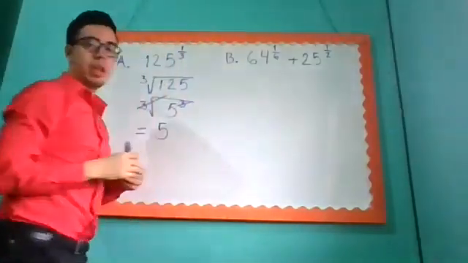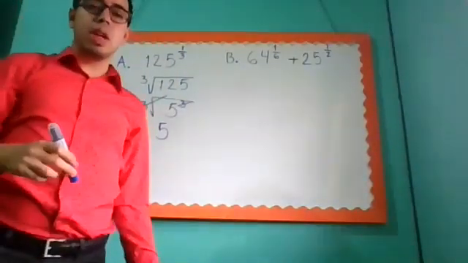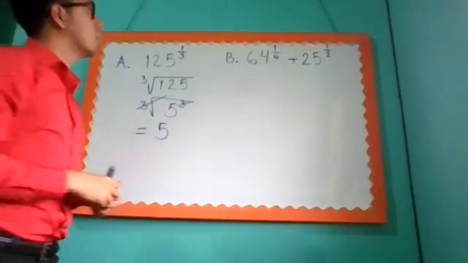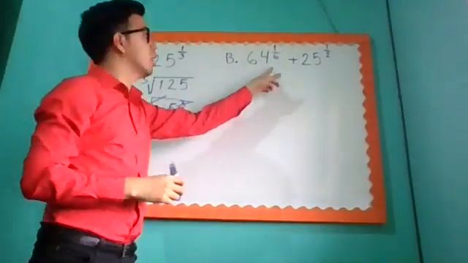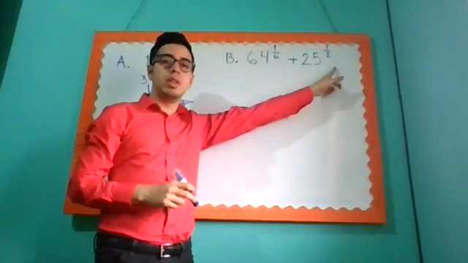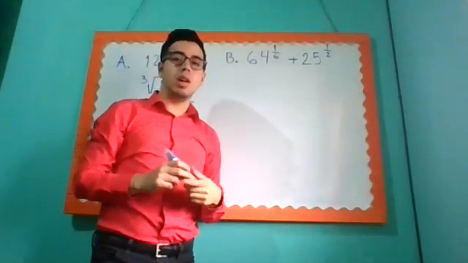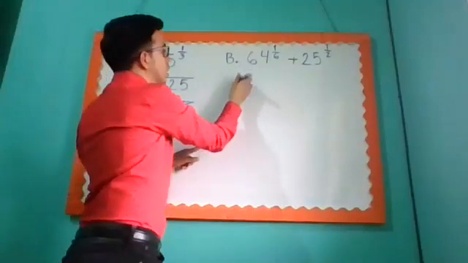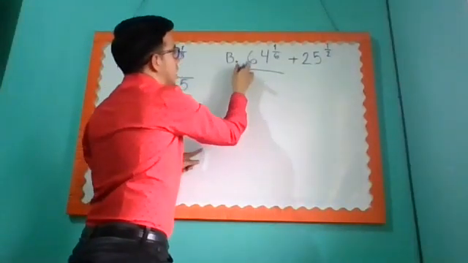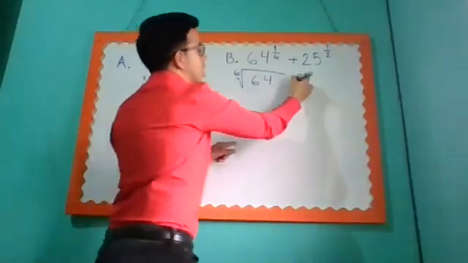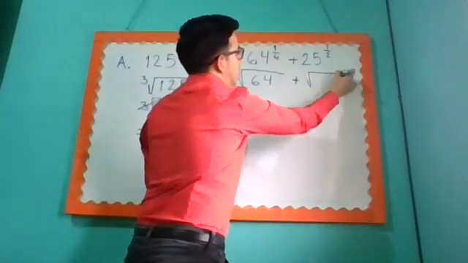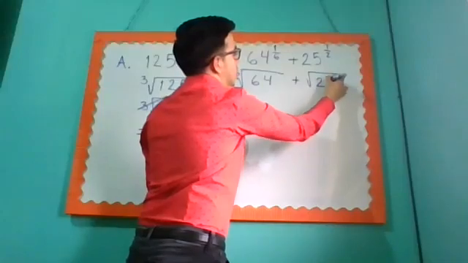Then we write the numbers inside the roots. This is going to be a sixth root, and this is going to be a square root. Then you write the sixth root of 64 plus the square root of 25.